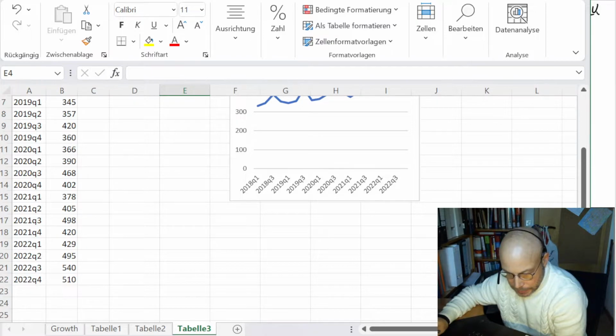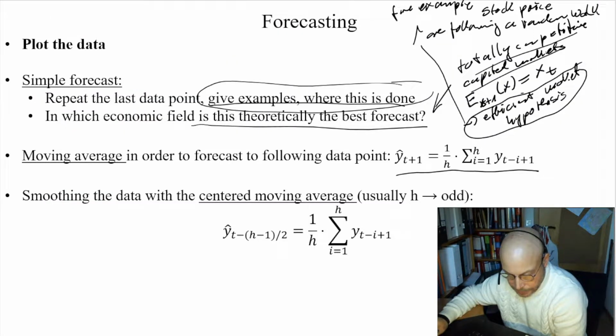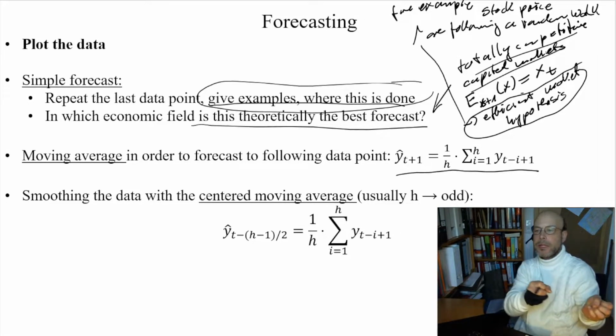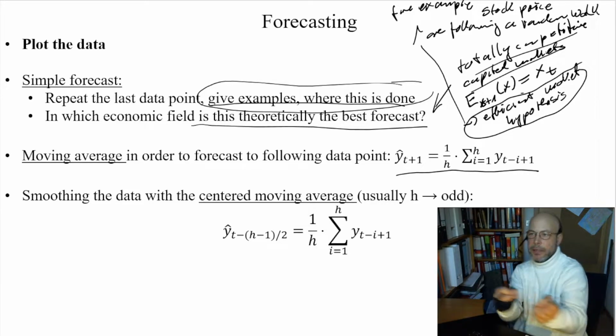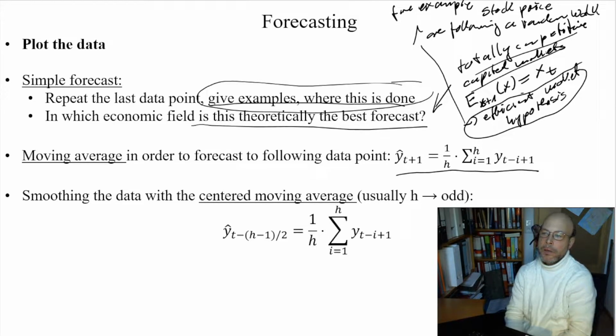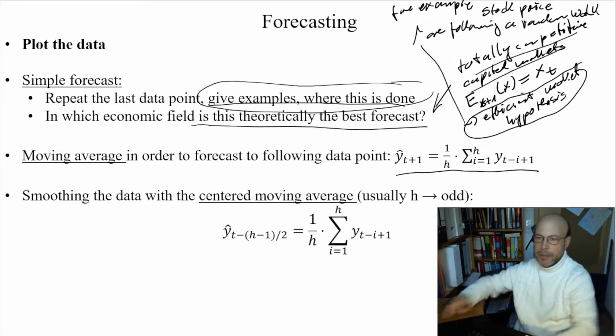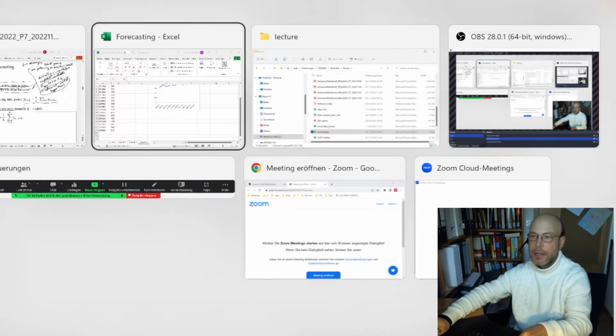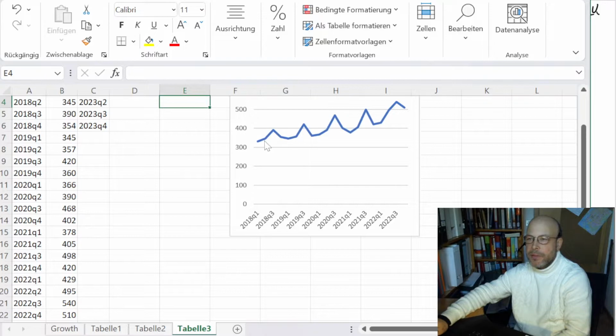Okay, but also we could, of course, smooth our data set in general using this moving average method. And this means also that we in general want to get rid of the pattern we have here that we are going up and going down.